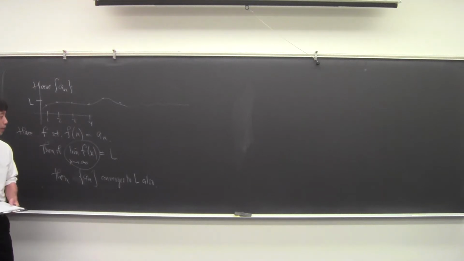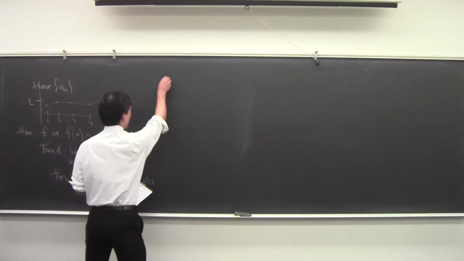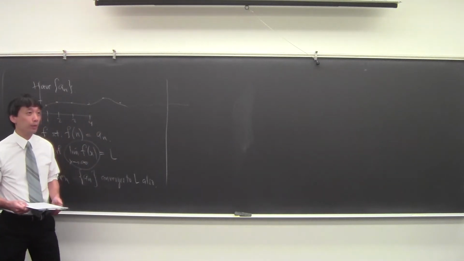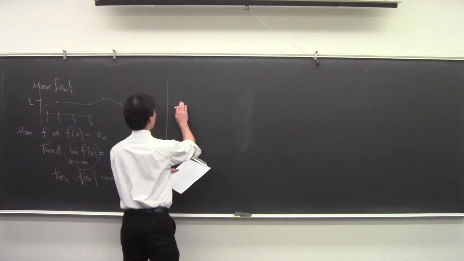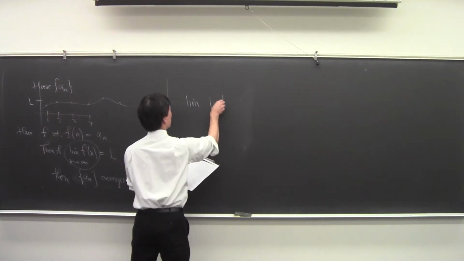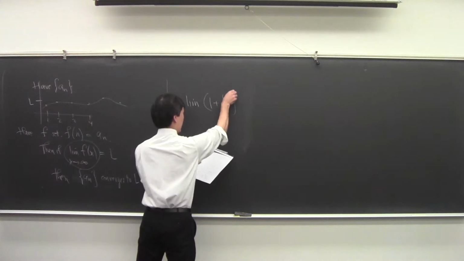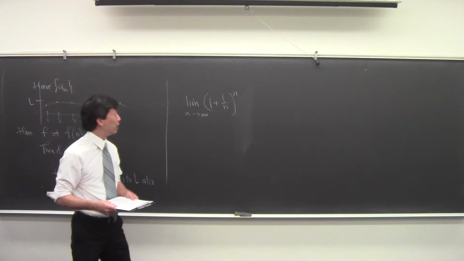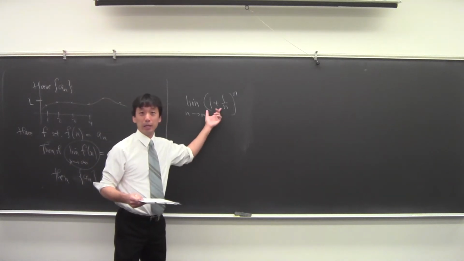So we said that one thing that we could do with this was to use L'Hopital's rule. Here's an example. Take the limit of (1 plus 1 over n) to the n as n goes to infinity.